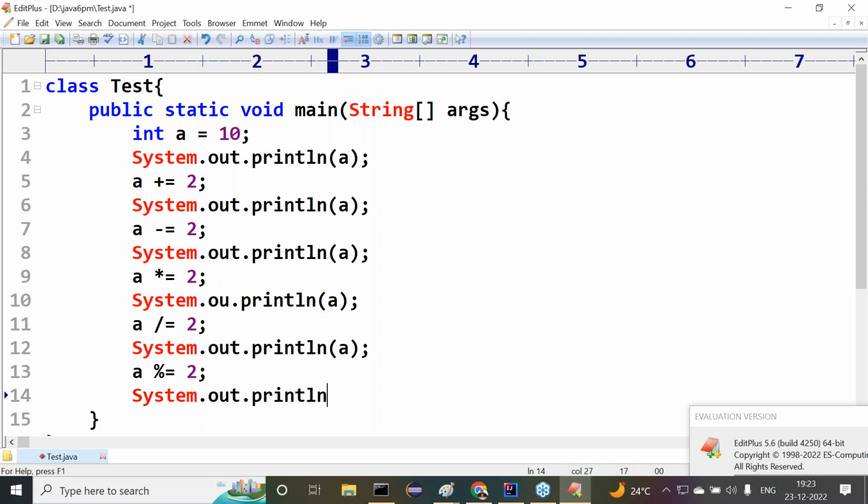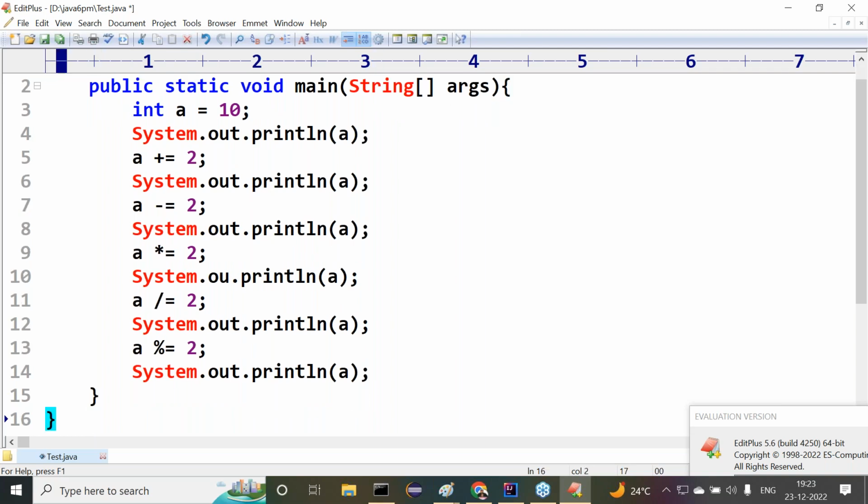System.out.println of a. And finally, System.out.println of a. Here we displayed. That's okay, fine. All these are assignment operators we have to complete.